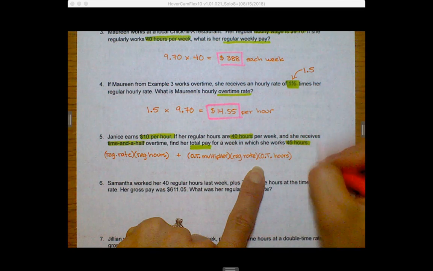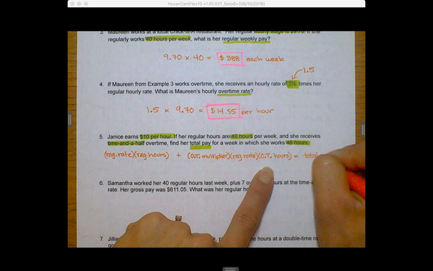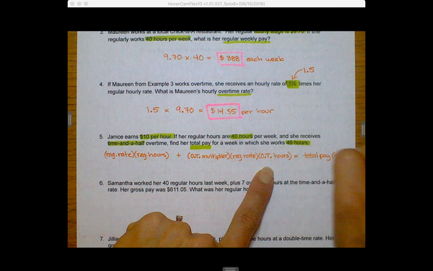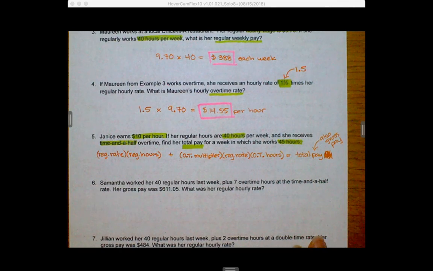And then this is going to give us our total pay, also known as gross pay.